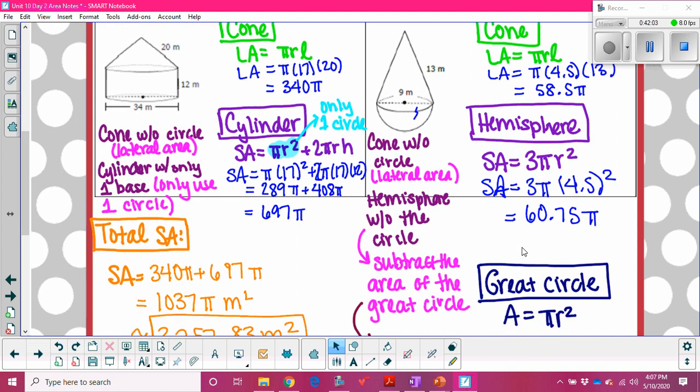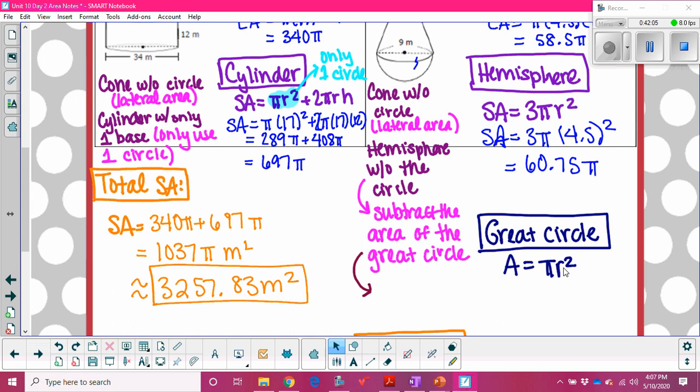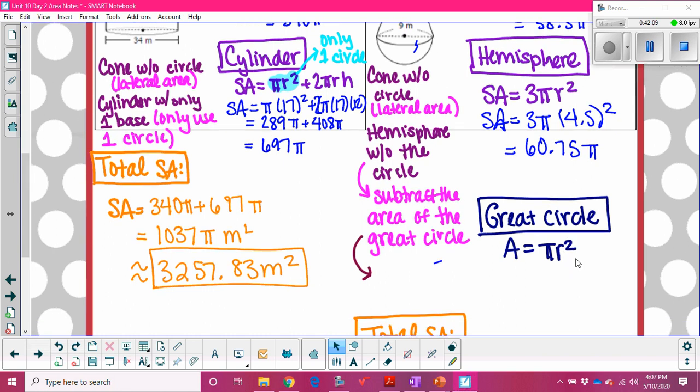So let's find the area of the great circle. Area of a circle is pi r squared. We know our radius is 4.5, so we just have to plug in. Okay, so we have the area equals pi times 4.5 squared. We're going to leave this in terms of pi.